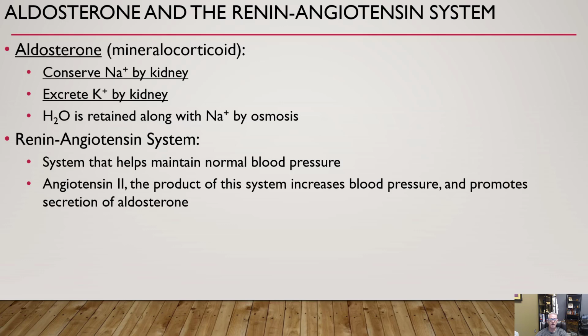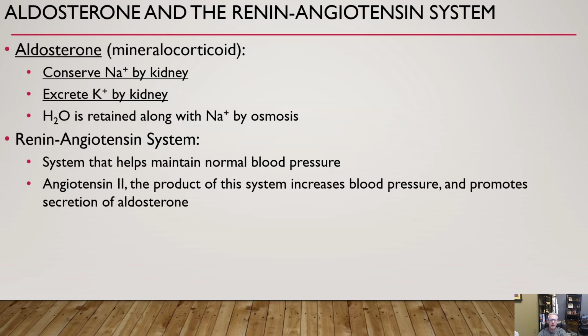So because we are conserving sodium, water is going to be conserved as well. So aldosterone kind of works the same way as antidiuretic hormone in that it retains fluid. Different mechanism, of course, but aldosterone is going to retain sodium and therefore water.